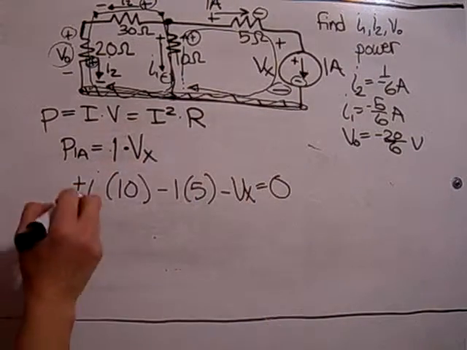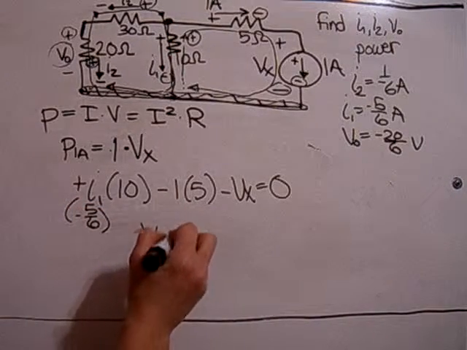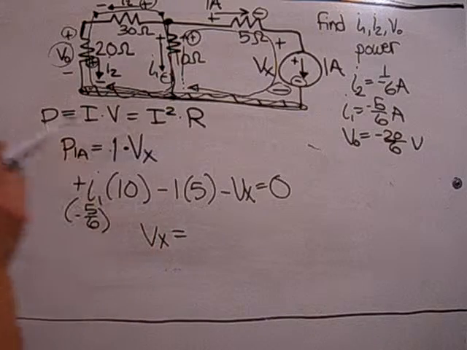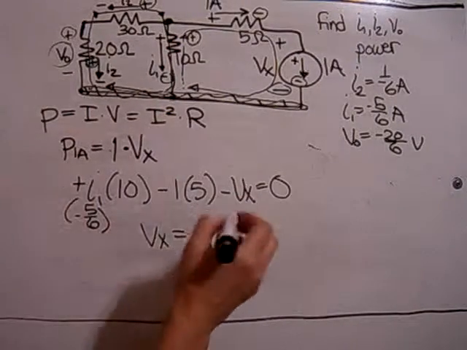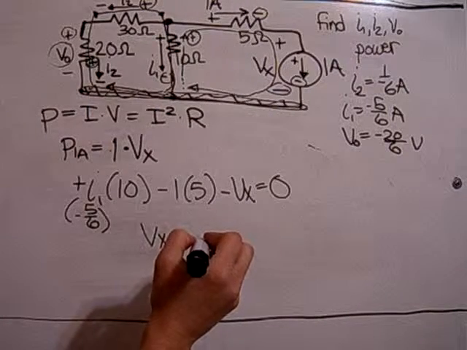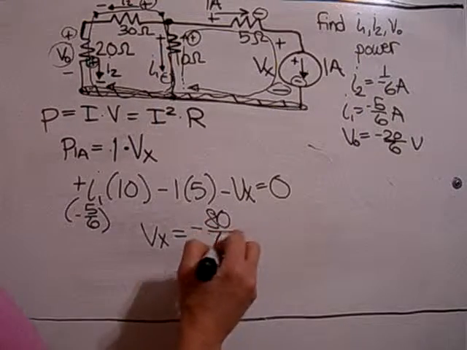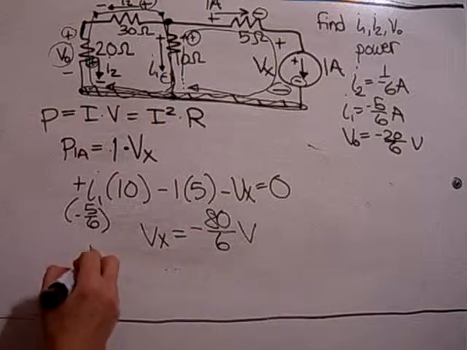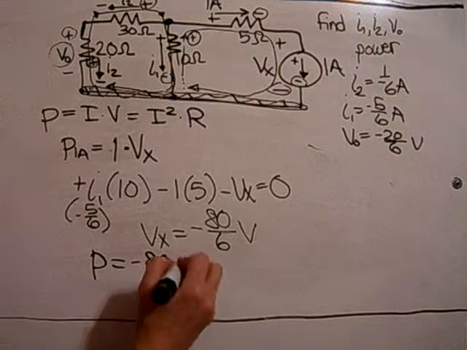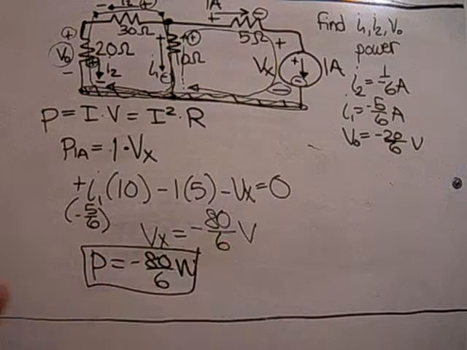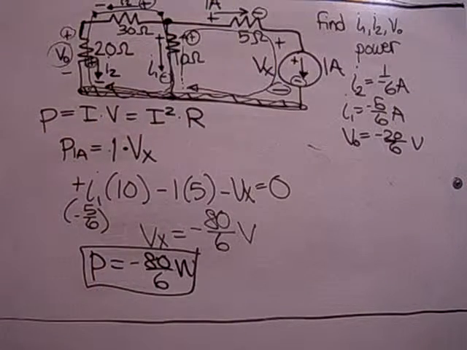I1, I plug in as negative 5/6, and I solve this for Vx, which will give me that Vx is equal to negative 80/6 volts. So the power is going to be 1 times that, and that does match the watts that I had through all of the resistors. The summation of that was the same.